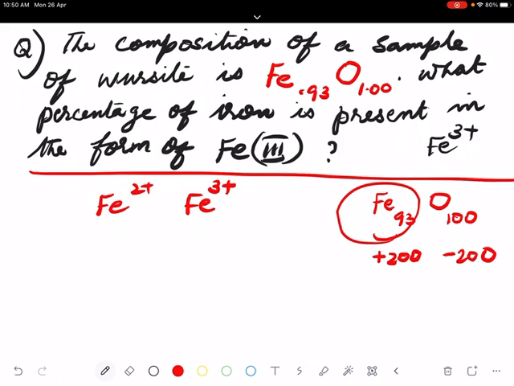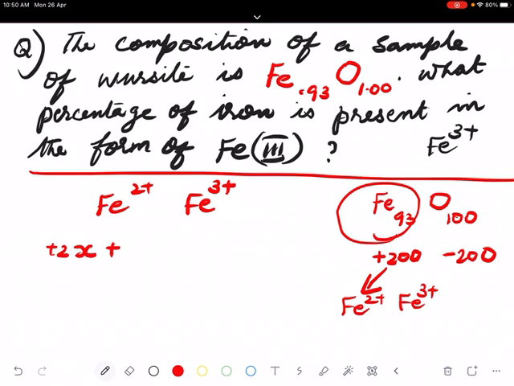This positive charge is due to what all things? Fe2 plus and Fe3 plus, both are there. So in the similar way you can calculate, let plus 2 charges be due to this Fe2 plus, so let it be x, plus 2x.